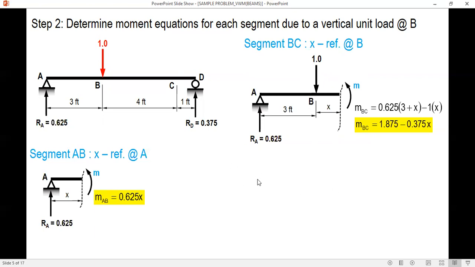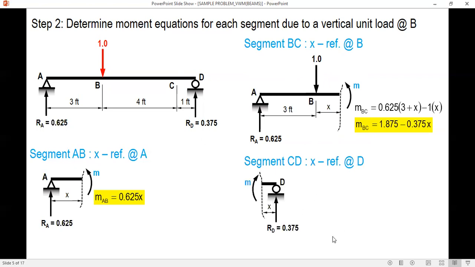And lastly, for segment CD, X referred at D, we have this one. Counterclockwise moment equal to clockwise moment. Okay.